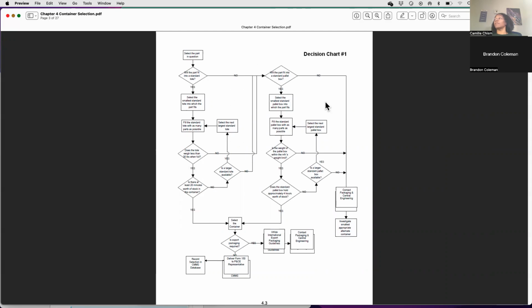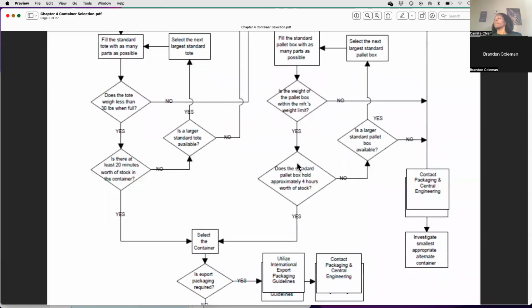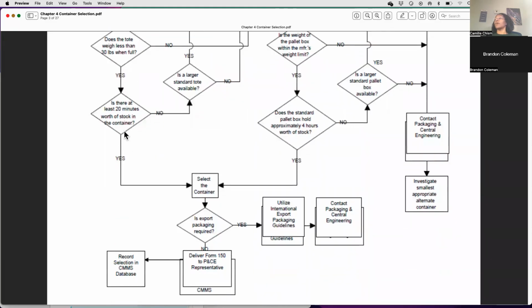Once you get through one of these two loops, you would keep doing this until you get to the right size container. And then once you get there, you say, are there at least 20 minutes worth of stock? Yes. Does the standard pallet box hold 4 hours worth of stock?